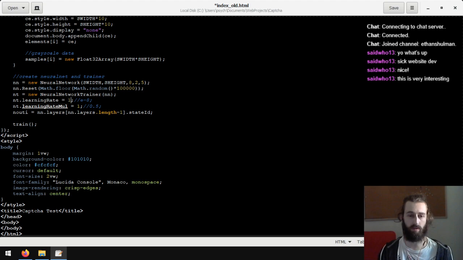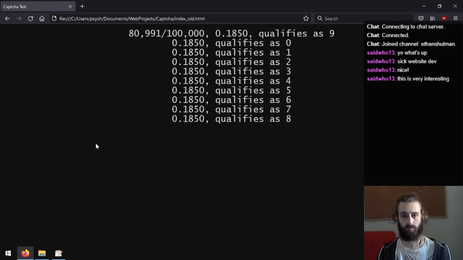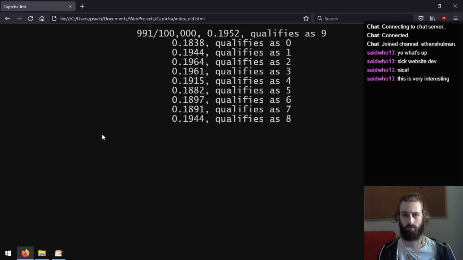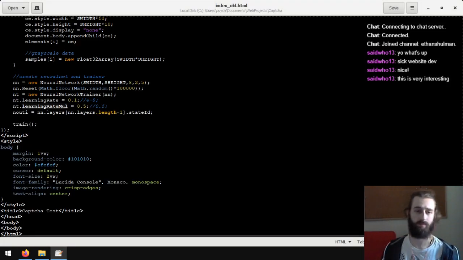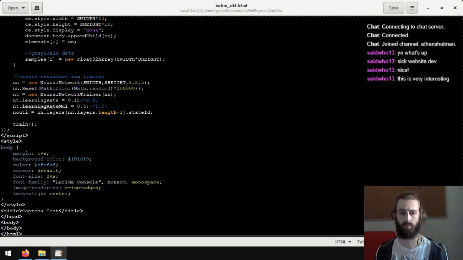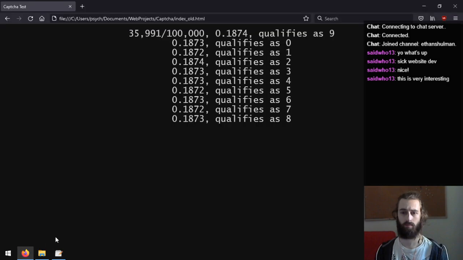I actually wonder if the settings I had at the beginning were good. Yeah, wow. Even with this, the neural net is struggling.